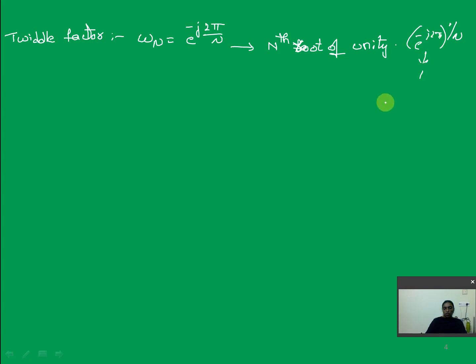This is nothing but 1, because e power minus j 2 pi is cos 2 pi minus j sin 2 pi, that is equal to 1. Hence it is also called the Nth root of unity.